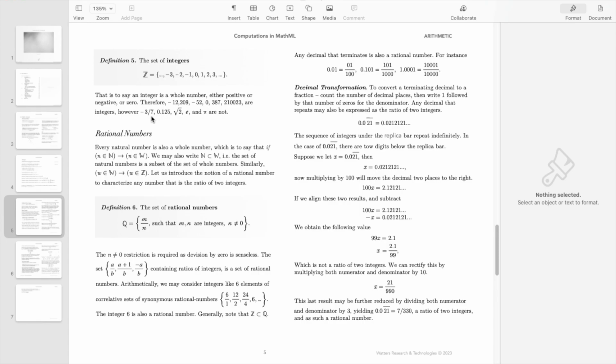So these are numbers that can be expressed as the ratio of two natural numbers or whole numbers. So we'll get into this in the next section, but they would not be considered integers. And there is the square root of 2. Rational numbers.